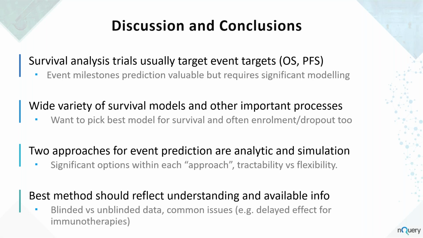But I suppose from a statistical point of view, survival will tend to be more complex. There are many models and methods available, and there are questions about how to pick the best one. It's really about flexibility usually versus tractability. But you can see the Weibull model there is probably the most flexible model in terms of taking some stuff out of your hands.